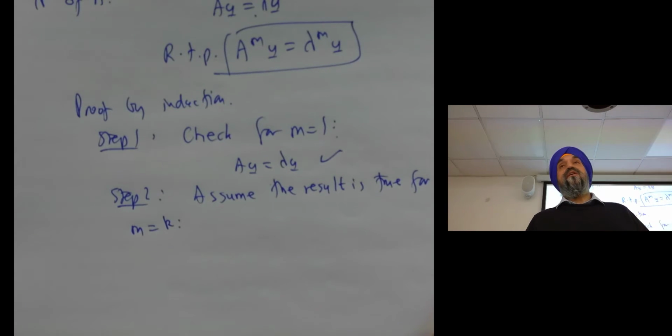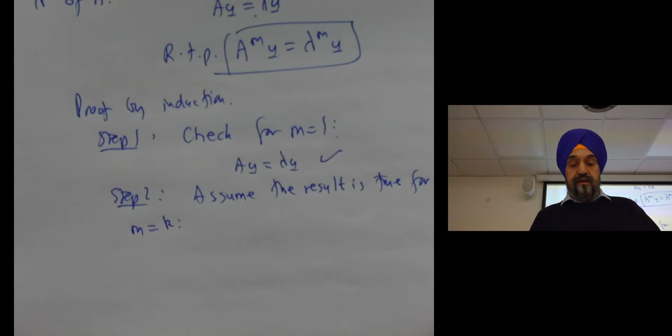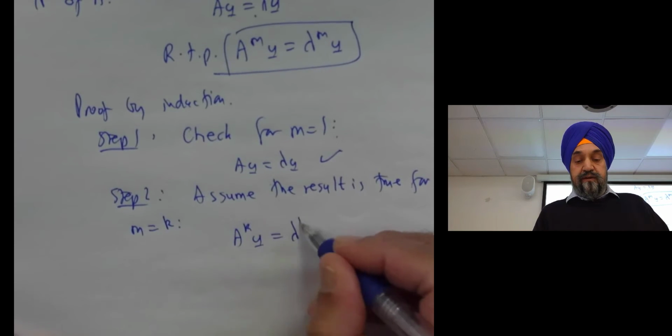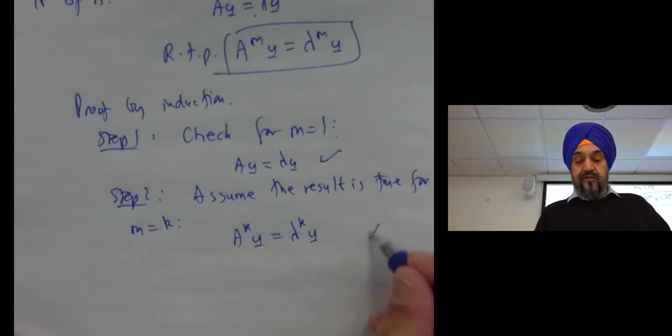A^K U is equal to lambda^K U. Let's call this star.